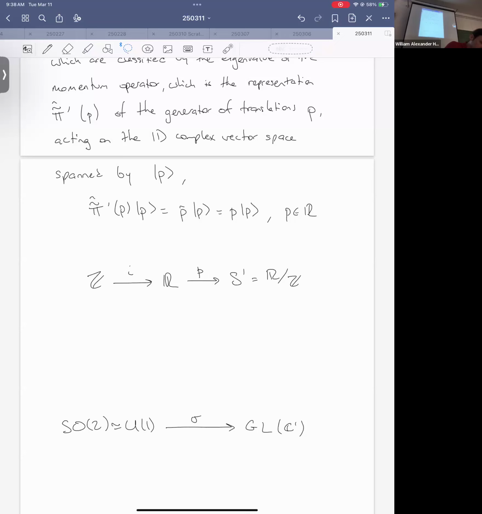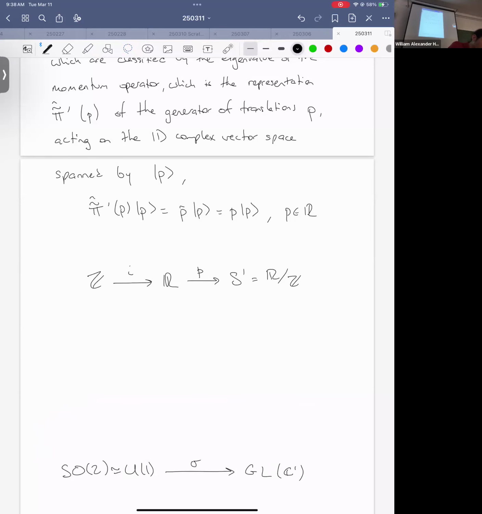And what we're doing here is we would like the representations going from the universal cover R into, again, the GL C1. And we could think about this as going up to, so this is T1, which is the same thing as R, T1 pi prime.